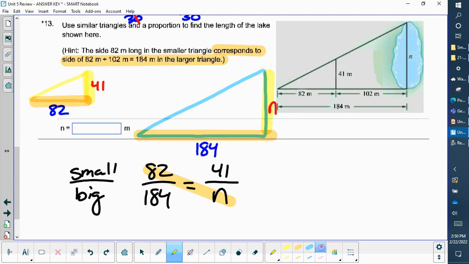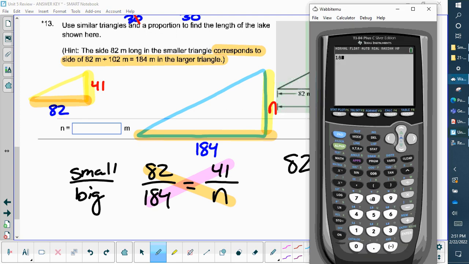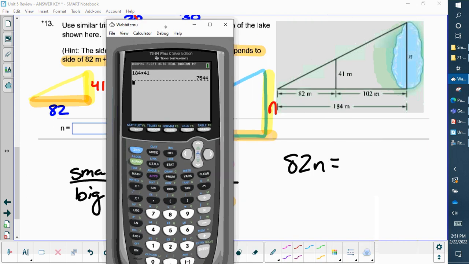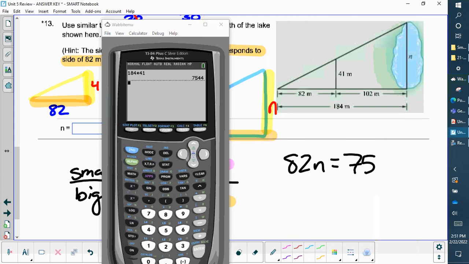I get 82N equals, and I'll use my calculator here, 184 times 41 gives me 7544.